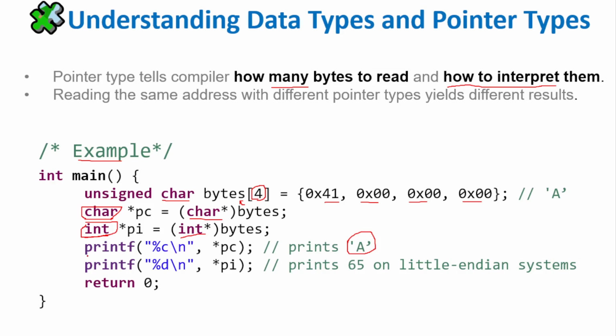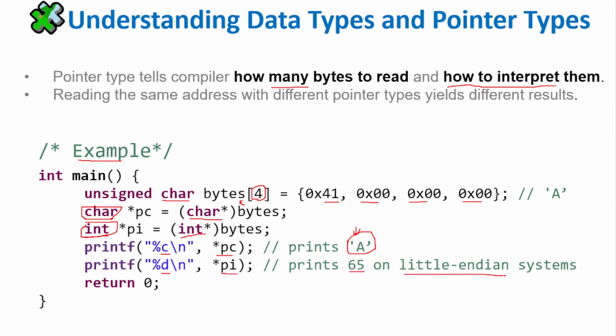When we dereference the char pointer and print it using C, only one byte is read from memory and the character A is printed, while dereferencing the int pointer causes the program to read 4 bytes at once.